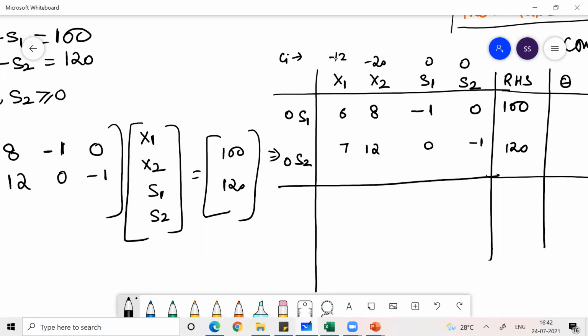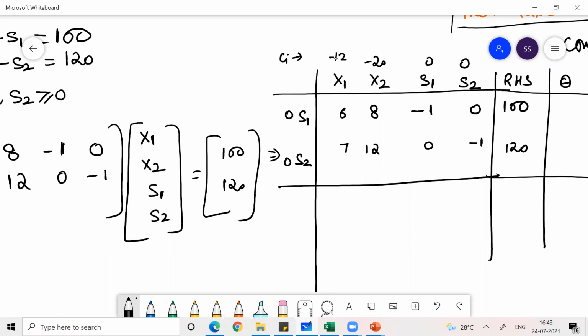You can make the constraints equal by introducing slack variables, and then solve the problem to get the answer.